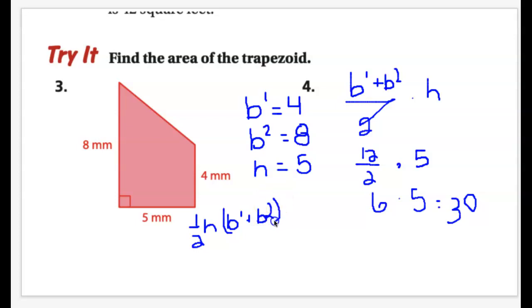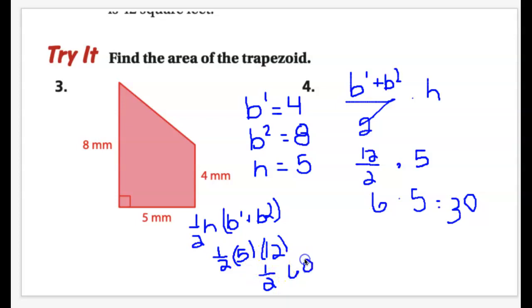So if we use this formula, 1/2 the height, we're going to substitute in the 5 multiplied by adding base 1 and base 2, which we said before, 8 plus 4 is 12. Then we are going to multiply 1/2 of 5 times 12. Well, 1/2 of the product 5 times 12 is 60.